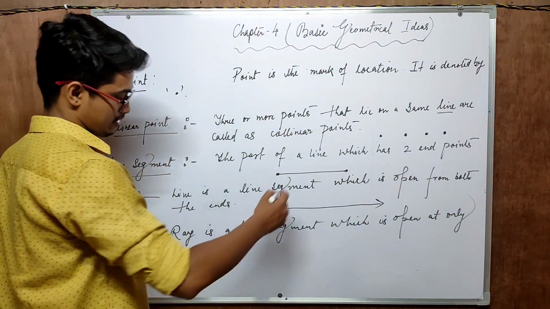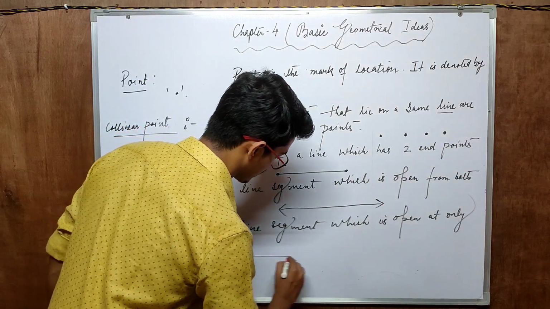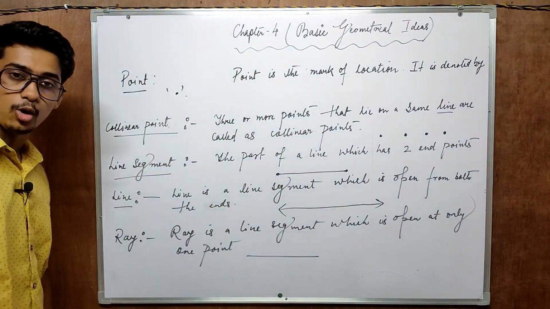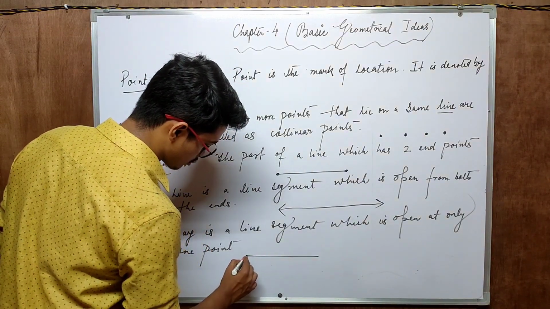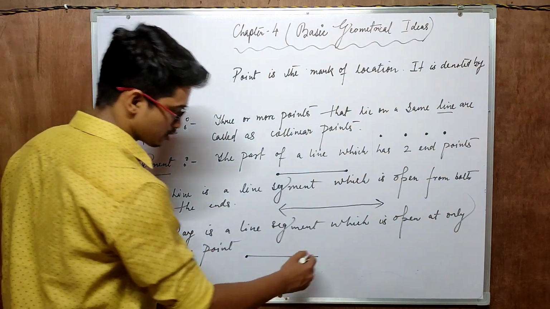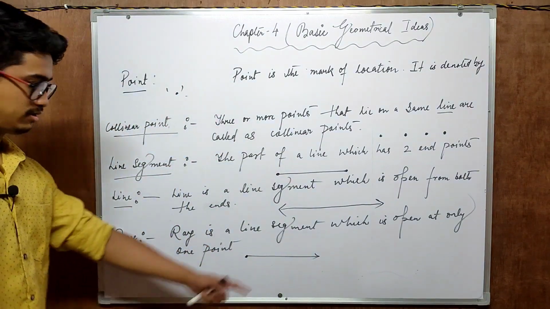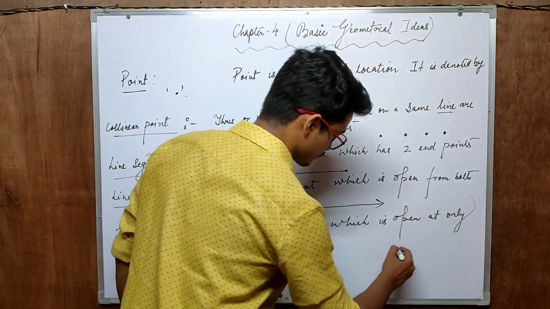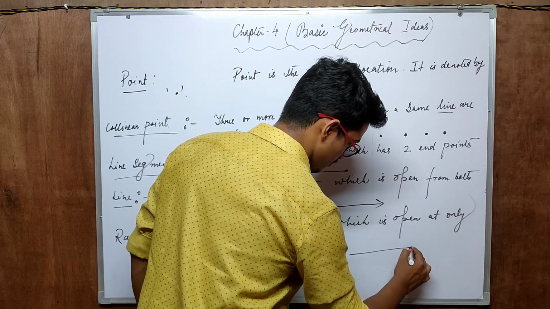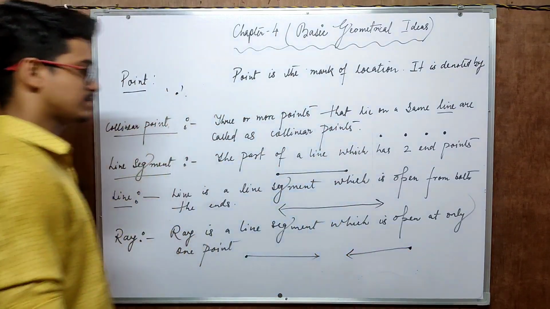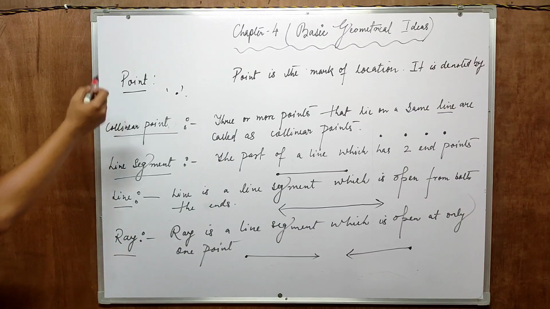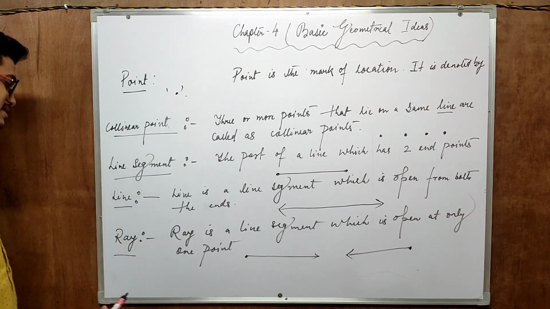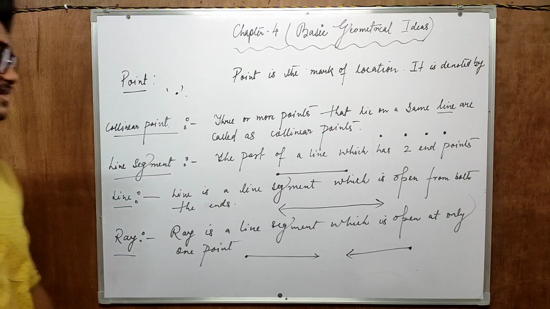So it is also a line segment, but it is open from only one end. Let's say I fix this particular end point, it is open towards the right side, and if I fix the right side, it opens towards the left side. That is the total definition of point, collinear points, line segments, line and ray.